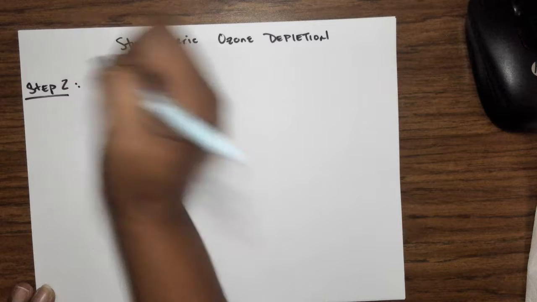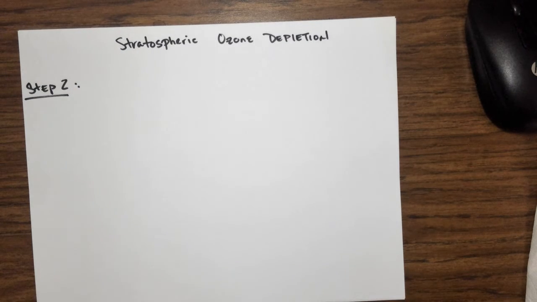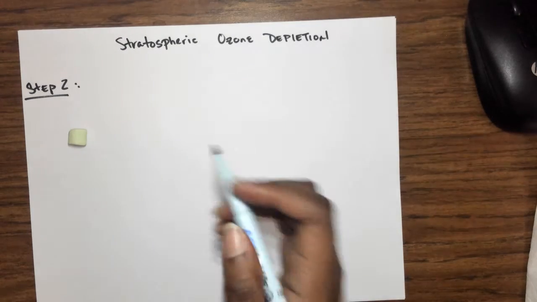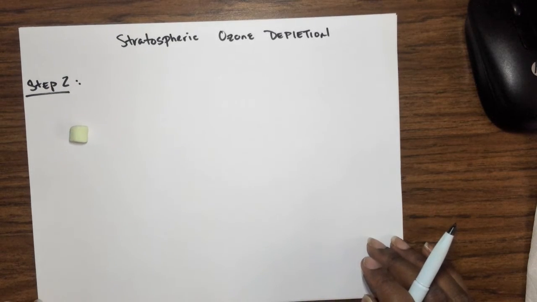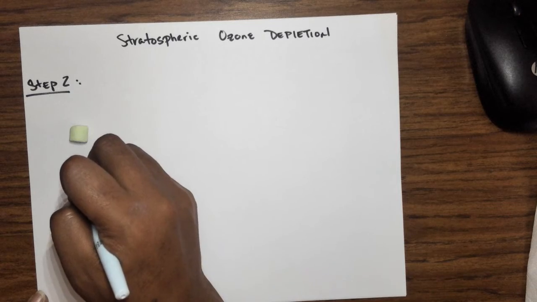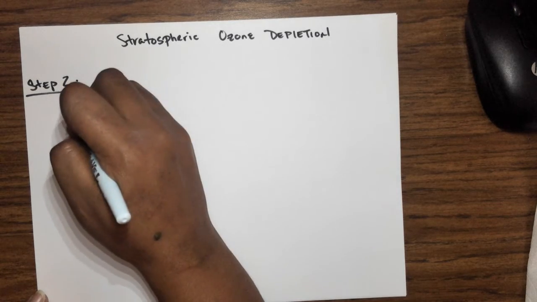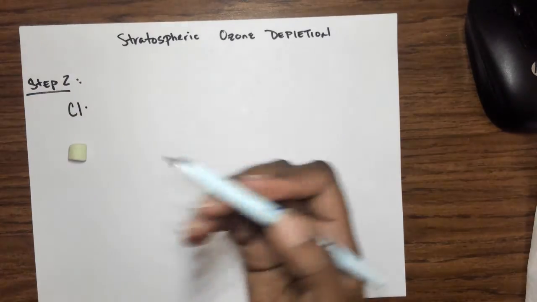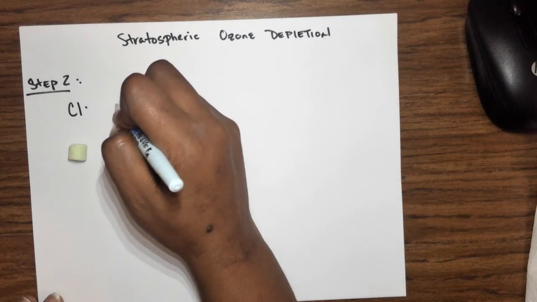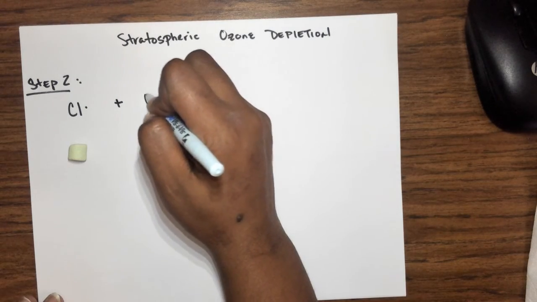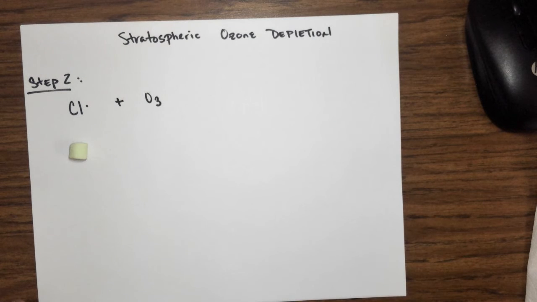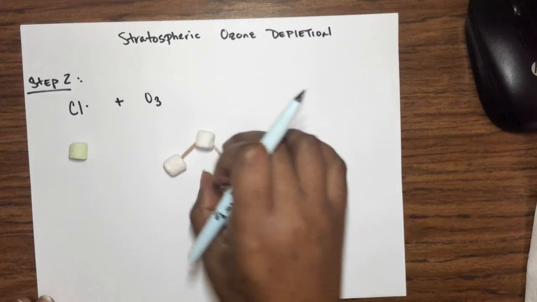2. All right, so now I've got this free radical, as I stated before, so that's that Cl. And that Cl is going to attach itself to the ozone in the stratosphere, my ozone. So I'm going to grab my ozone. I already made it, so I'm not particularly worried about making it again.